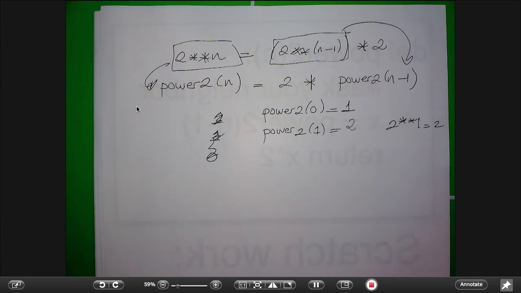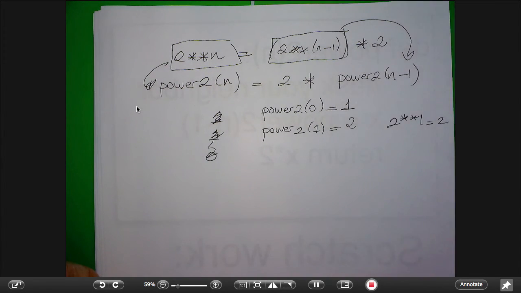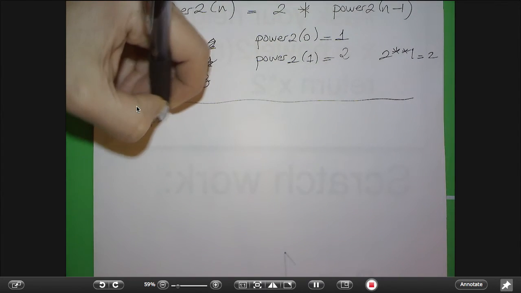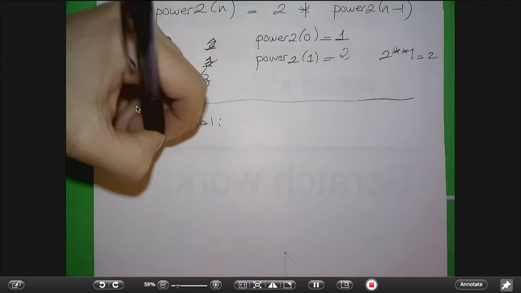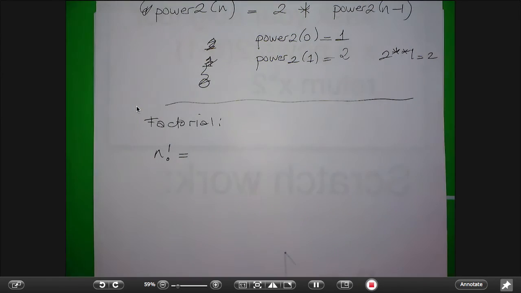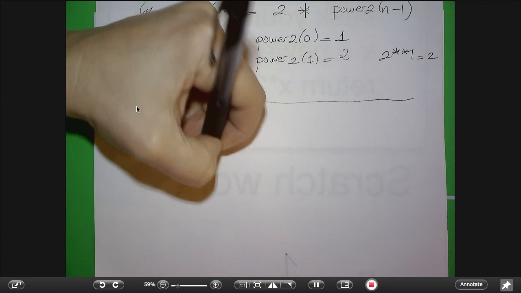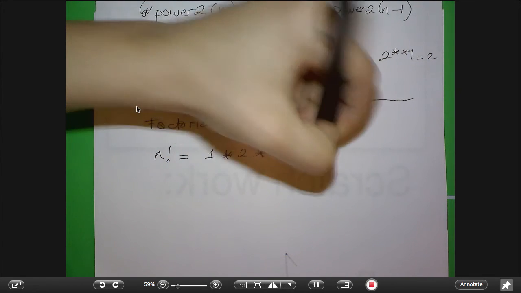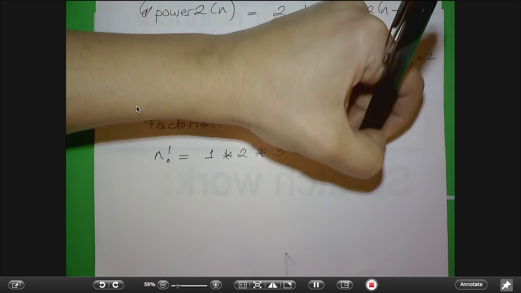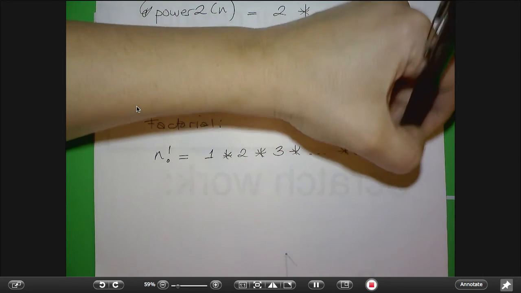So here's another one that is also a very common first example, is factorial. Okay? So n factorial is 1 times 2 times 3 times all the way up to n minus 1 times n.